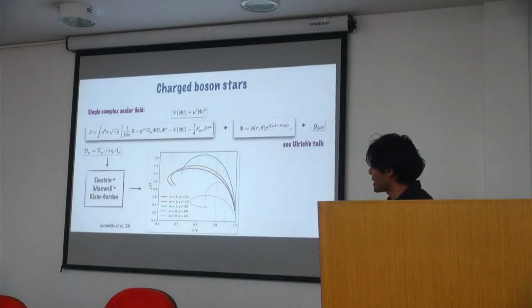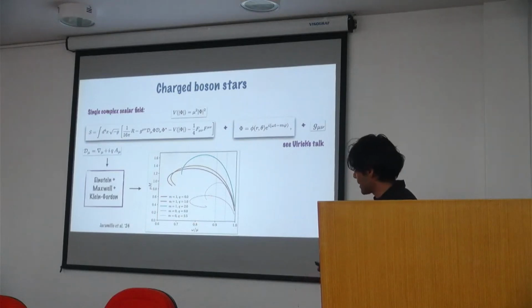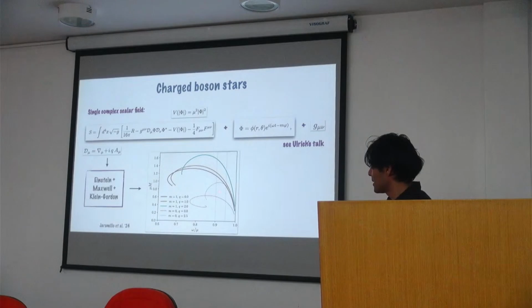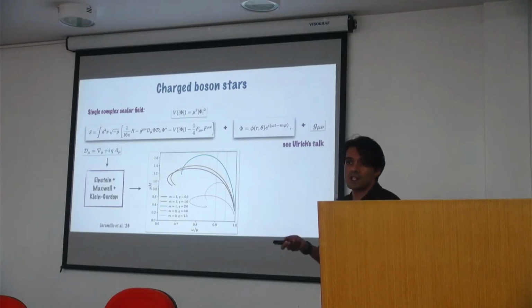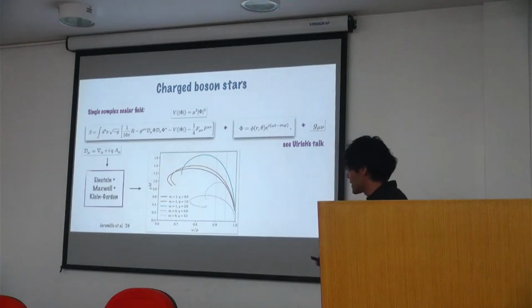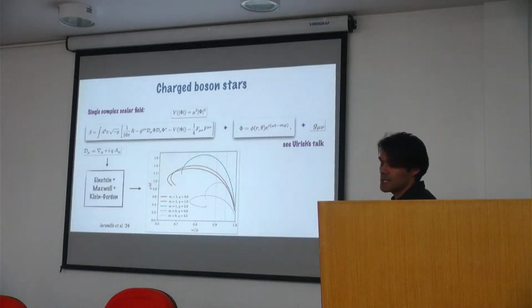So when you increase the charge, this is the mass of the system versus the angular frequency in units of mu. As you can see, as you increase the value of the charge, you go from this curve to this one up here. So essentially, charge increases the mass of the system. This is for m equals 0, that means the spherical case.